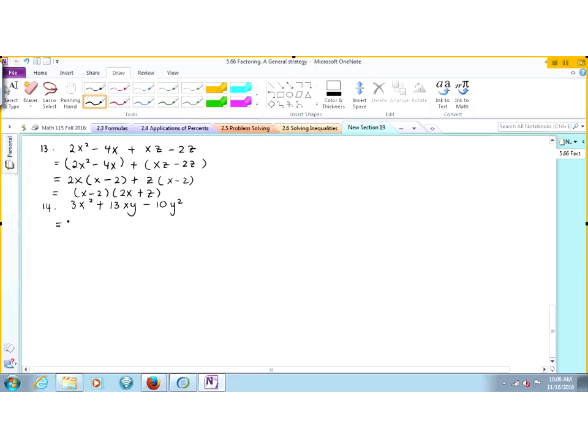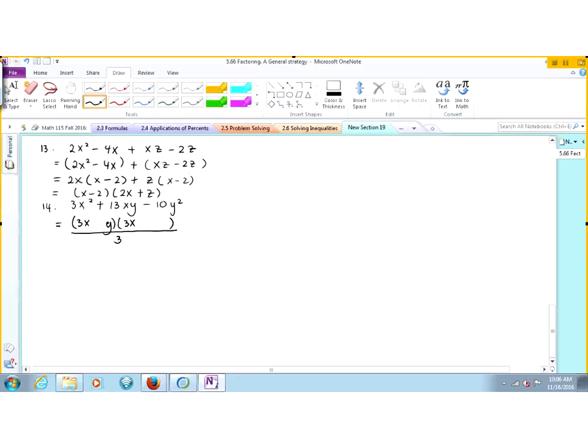All right. Last one. What about if I have 3x squared plus 13xy minus 10y squared? What method? AC, yes. How do you set it up? 3x divided by 3.